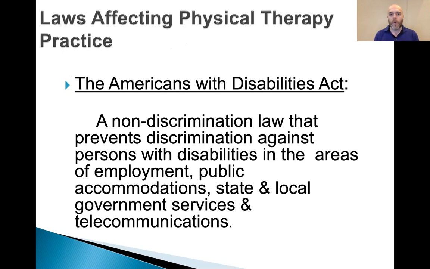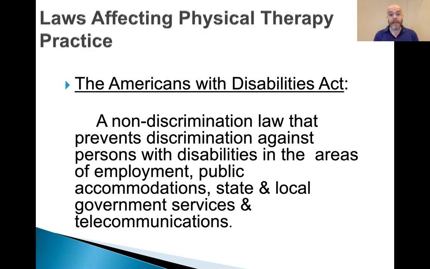So this just means when the Americans with Disabilities Act was passed, it's a non-discrimination law so that people with disabilities, with any type of disability, physical, mental, and no matter what degree, as long as it's safe, have the same rights and chances for employment, to get jobs.